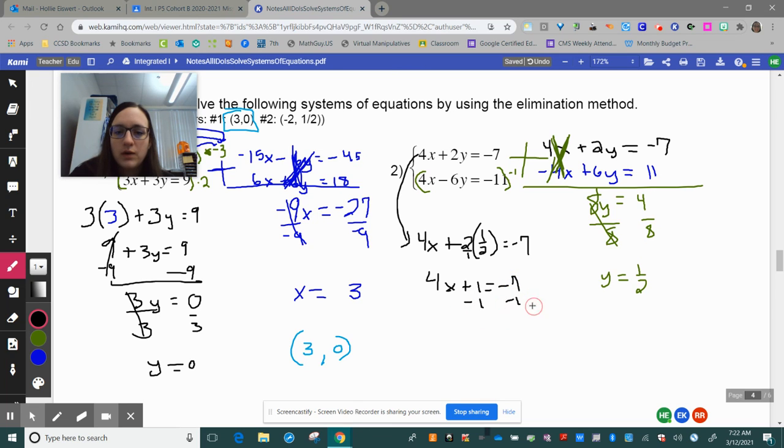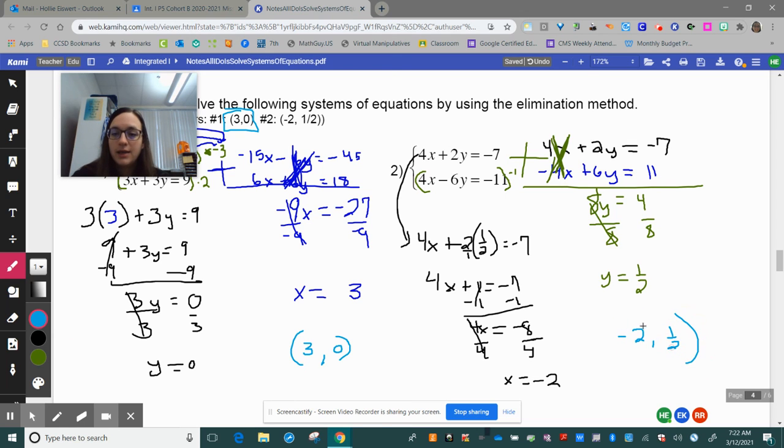We subtract 1, we get 4x equals negative 8. And when we divide by 4, we get x equals negative 2. There you go. There's the ordered pair. Right there, our x is negative 2 and our y is 1/2. Ta-da! Don't get scared with fractions.